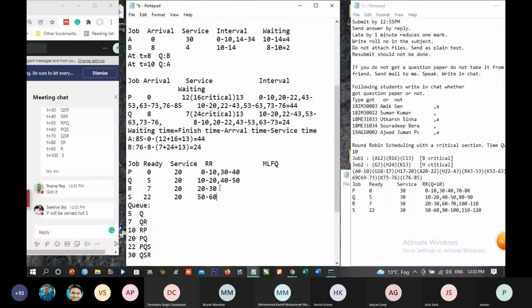And 60 to 70, this will be served. And if their service time was more, then 70 to 80 P would have been served. If the service time of P would have been remaining, then P would have been served. But here this will be served. Is this all right to you? Any doubt?